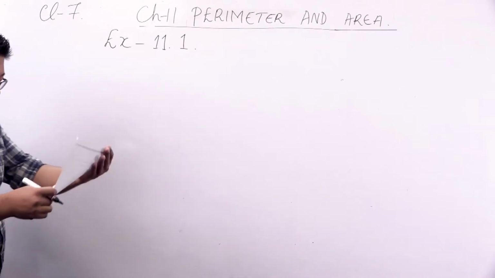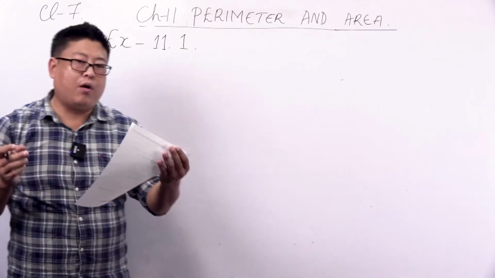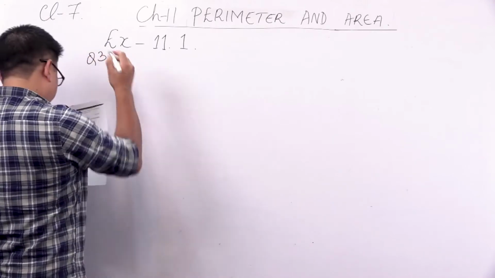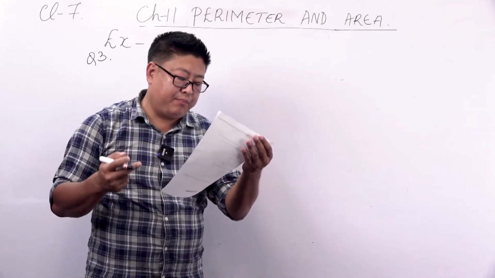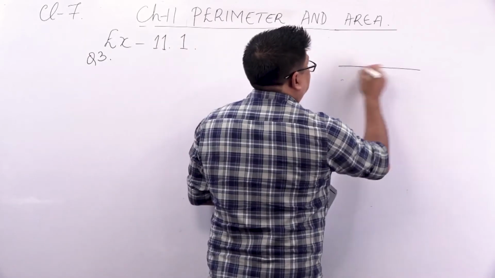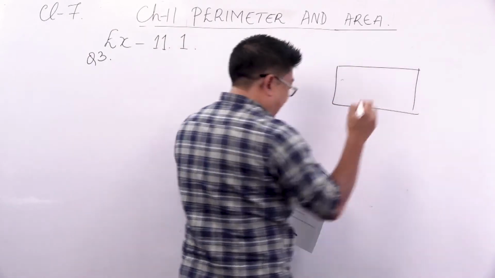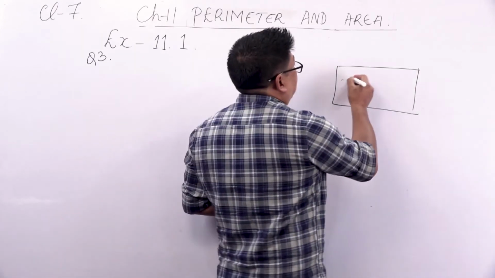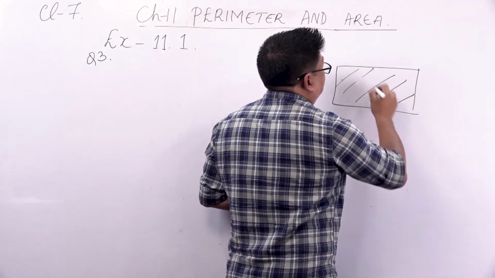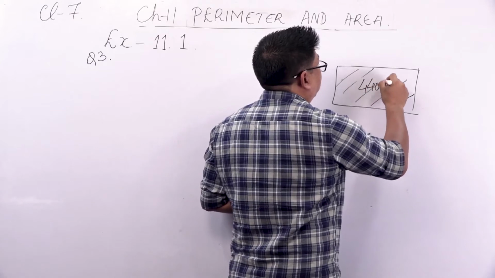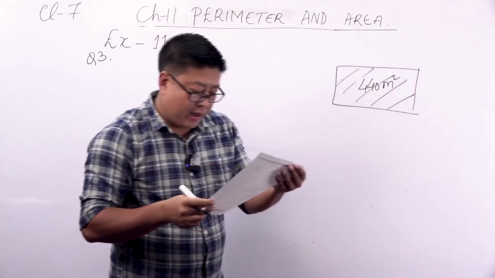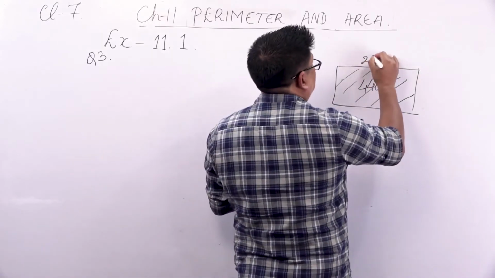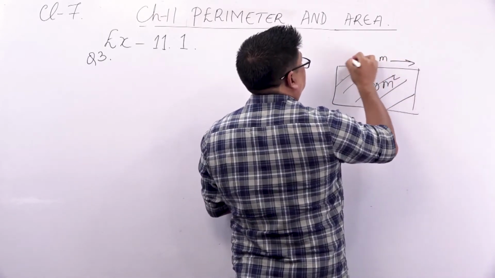The next question reads, question number 3. Find the breadth of a rectangular plot of land. The rectangular plot of land is given, and its area is 440 meters square, and the length is 22 meters.